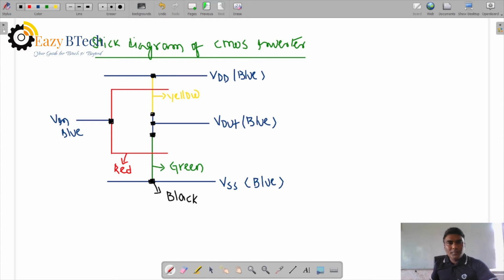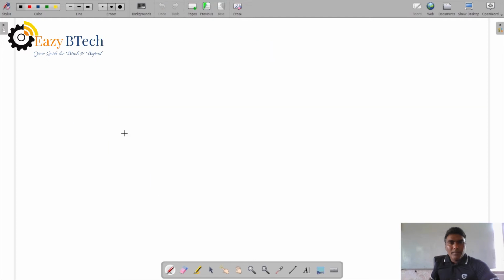Now let us see the stick diagrams for different logics.